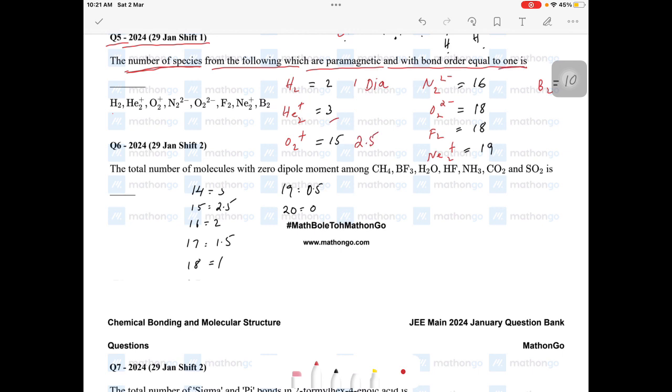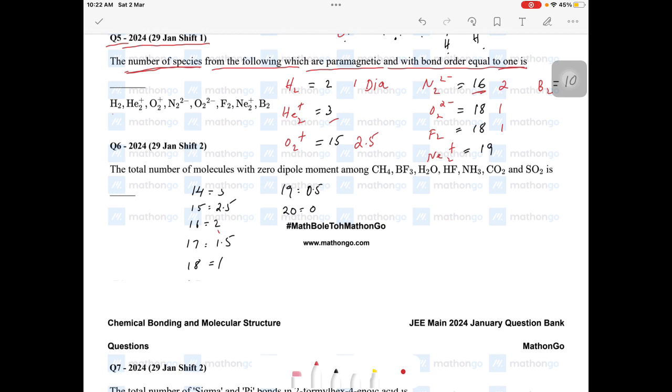Next, N2 2 minus has 16 electrons, bond order 2, even number of electrons, no unpaired electrons. With 18 electrons, bond order 1, even number of electrons. Next, F2 has 18, bond order 1.